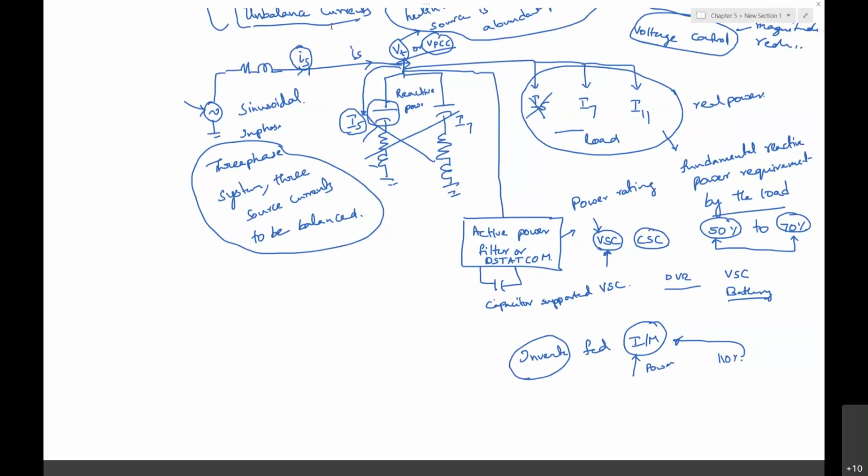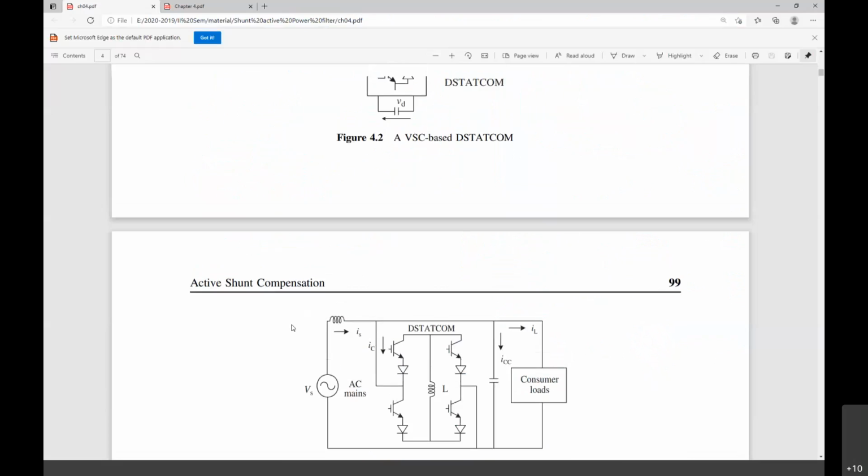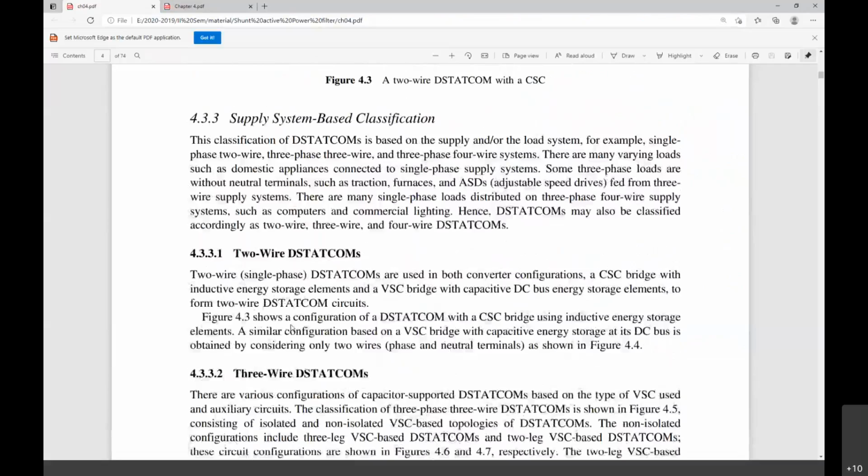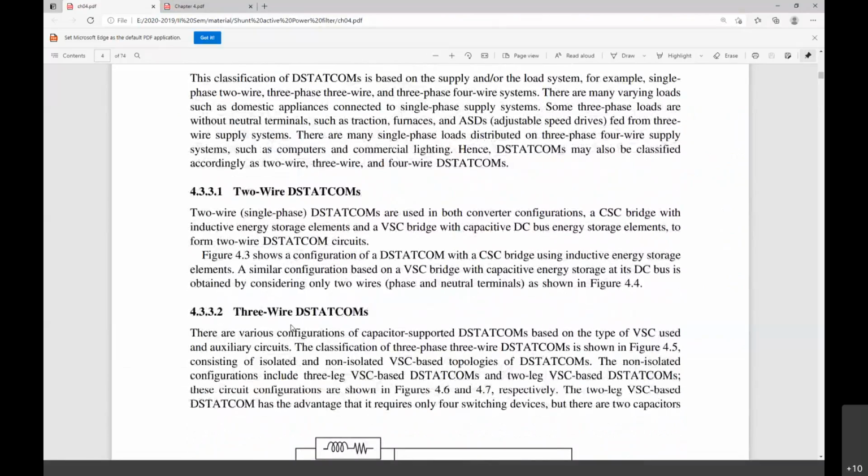In the last class, we saw some of the topologies. I'll just give some of the topologies of a DSTATCOM. This is for a single phase system, the 2-wire DSTATCOM.